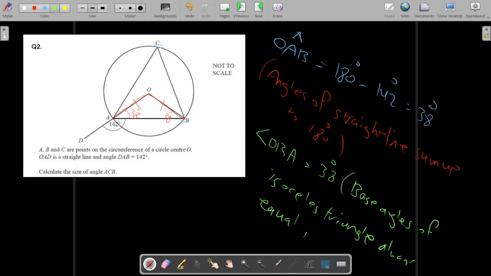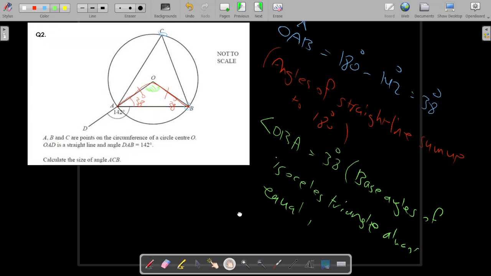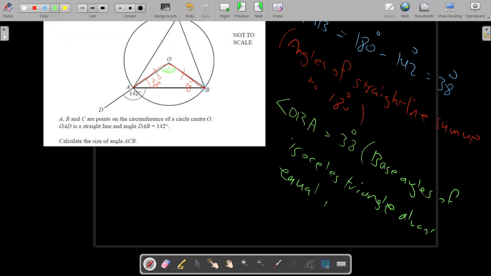So I know that this is equal to 38, and I know that this is equal to 38. It means that finding the third angle of this triangle is not going to be that hard. I can say that the angles in this triangle sum to 180, so 180 minus 38 plus 38 gives me that angle here, and I would call it angle AOB.